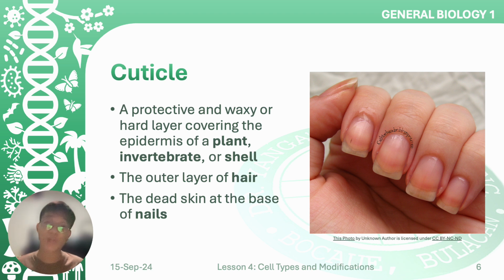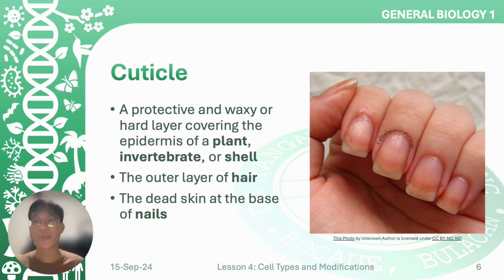So the cuticle is actually a waxy structure, and when it's waxy, it tends to become waterproof. So that's why, when raindrops fall down on the leaves, the leaves won't absorb the water. The water will just drop off from that leaf.